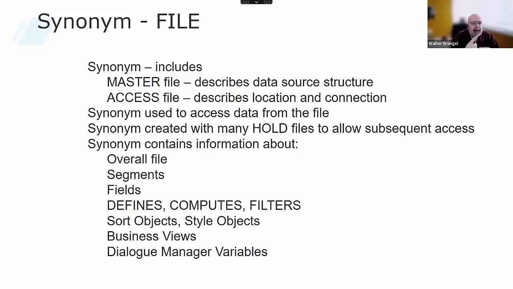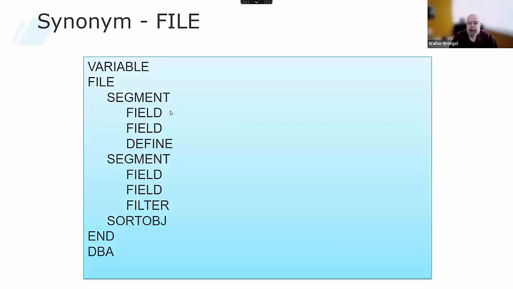Any that are styled output might not have their own synonym, but they have information about the file, the segments, and any fields that are in the file. You can also put defines, computes, filters, sort objects, and style objects, and all this we'll talk about later when we get down to the field level.